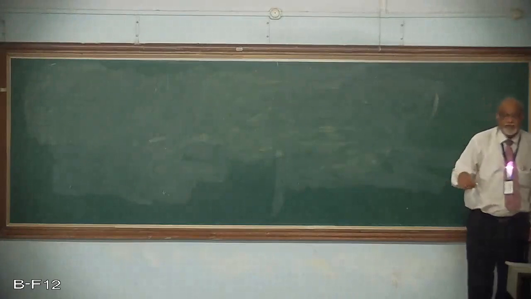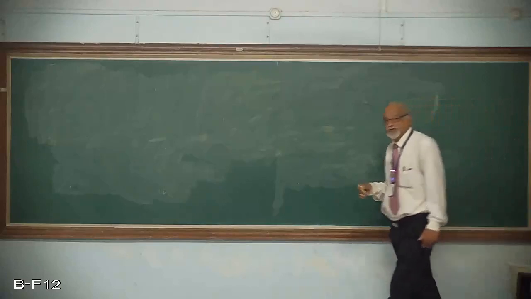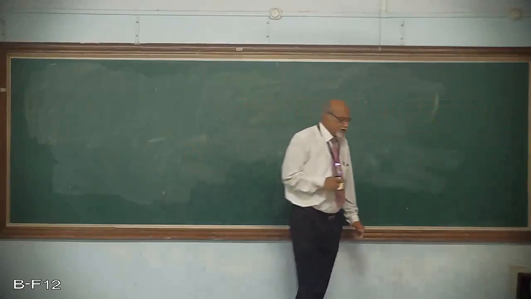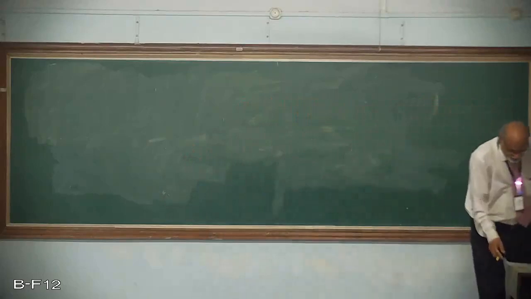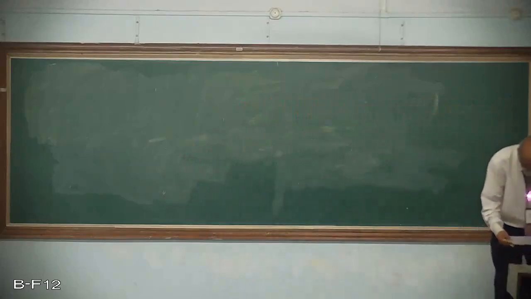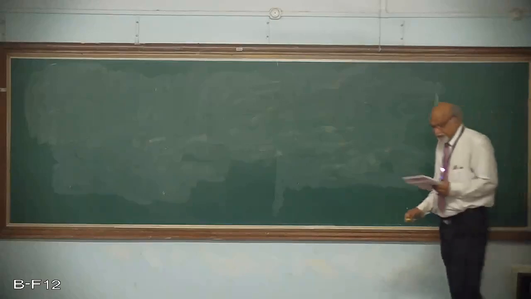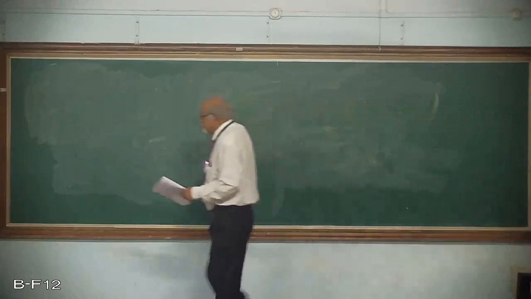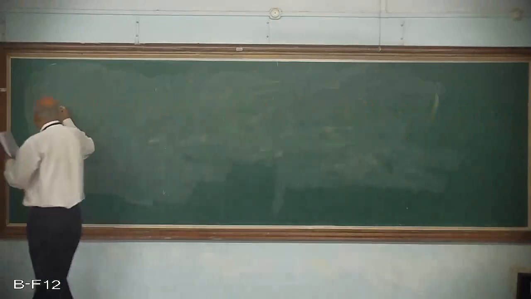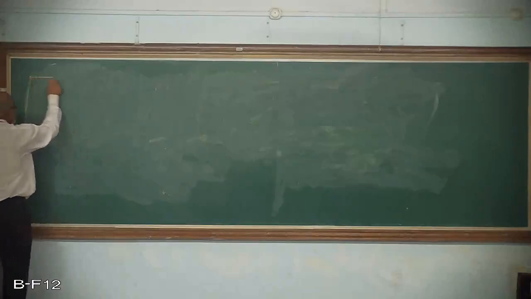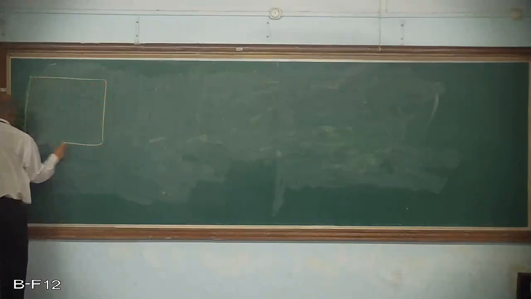Then again you need to create additional zeros, and how that is to be done, let me take up another example which will tell us how these improvements can be done and how we are going to get the solution. One thing, I have taken one simple problem and the next one is a bit complicated, or I can't say that it is complicated. It is also a simple problem.